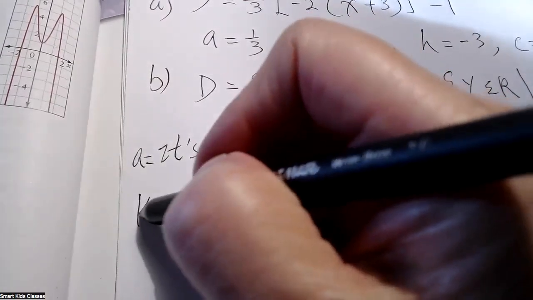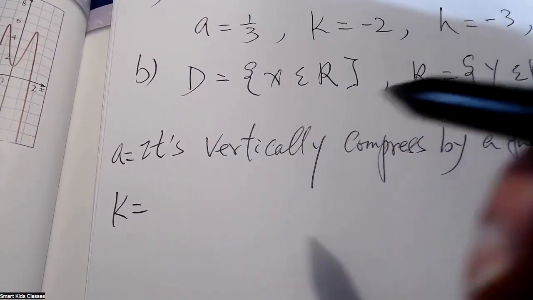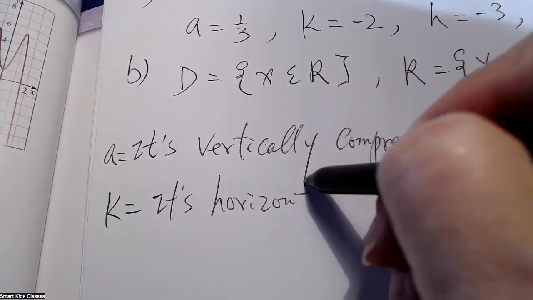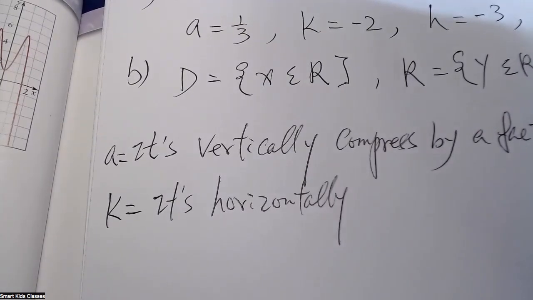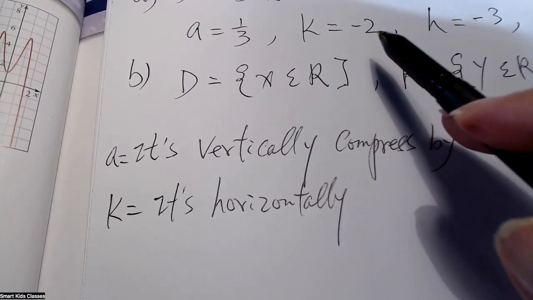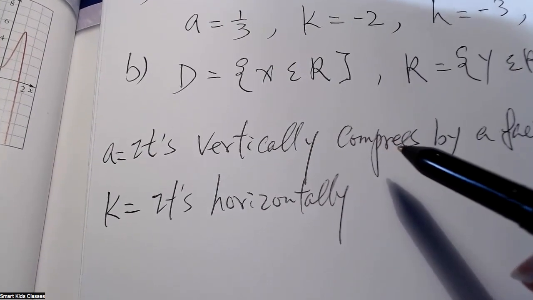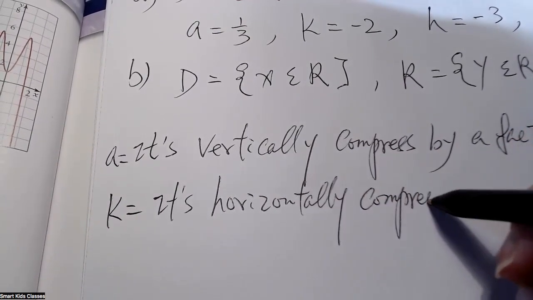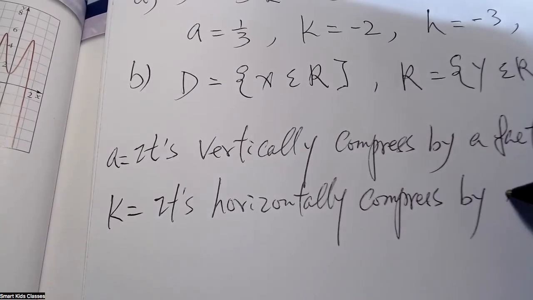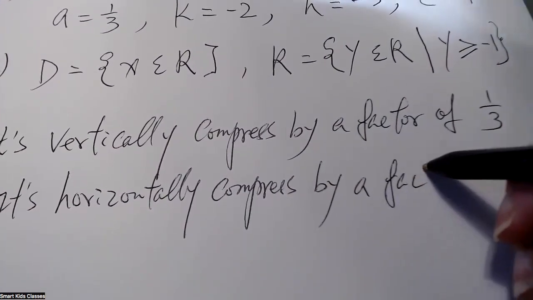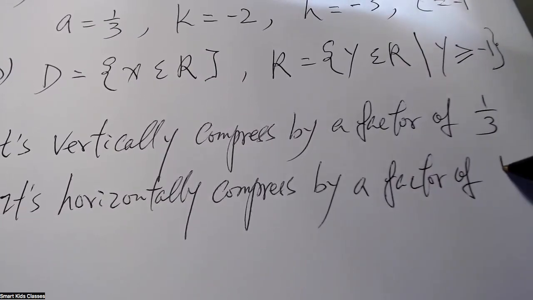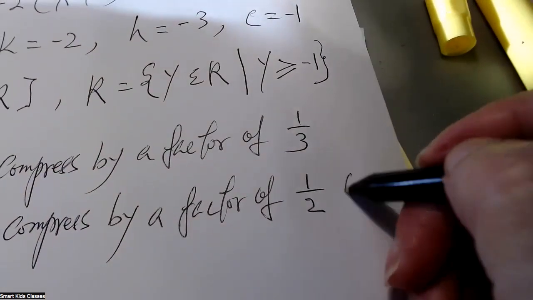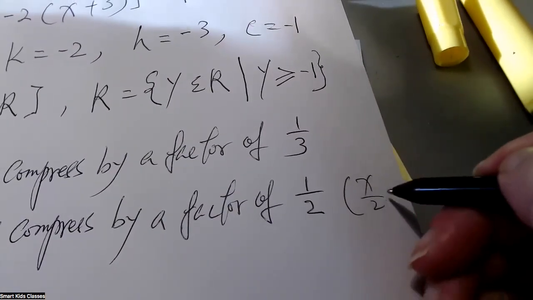Now we're going to write K. K is horizontal. So it's horizontally compressed by a factor of 1/2. Why is it 1/2? Because x is divided by 2.